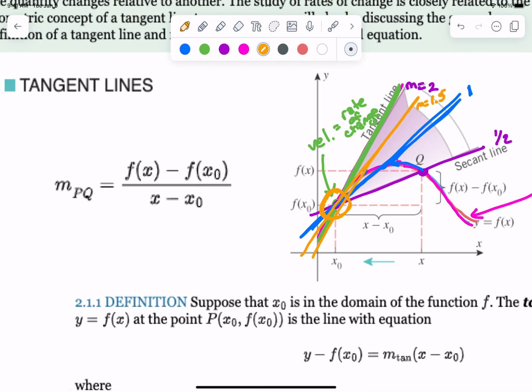So what they have going on here is the slope of PQ, which is the secant line. I'm going to put secant here, okay? And the way that we do that is we do f of x, whatever our function is, minus f of x naught, okay? X naught is the point that we're interested in, like this, where he's touching the tangent line.